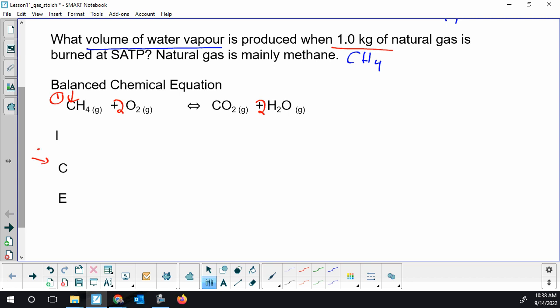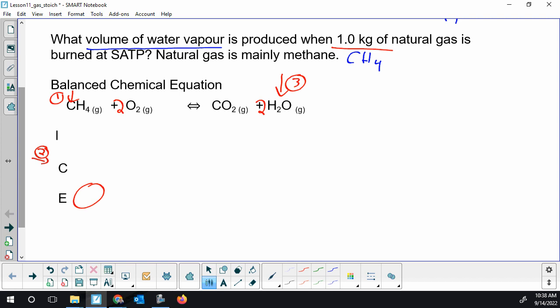Step 2 is always your change, and step 3 gets you to your answer. We want volume of water vapor, so we're going to need to get moles of water vapor first, and then we can turn that into a volume. We're going to assume that all of the methane burns.